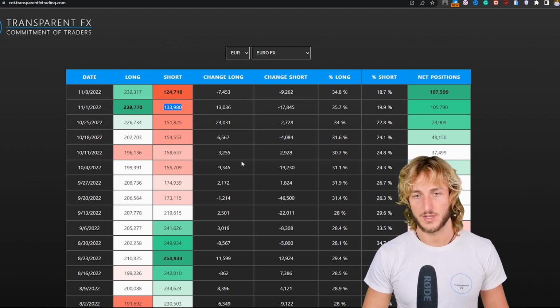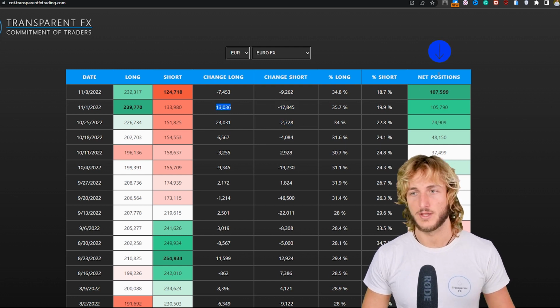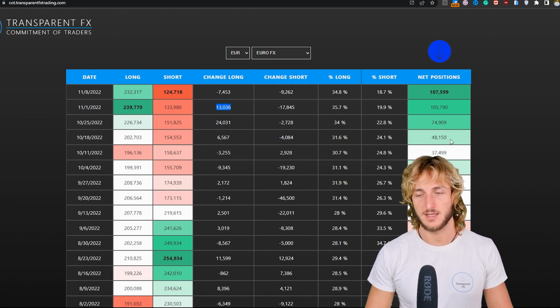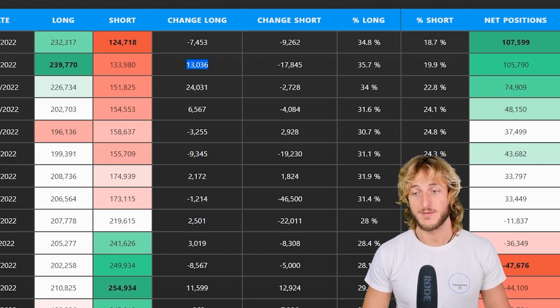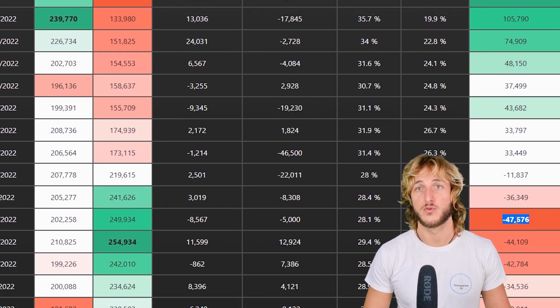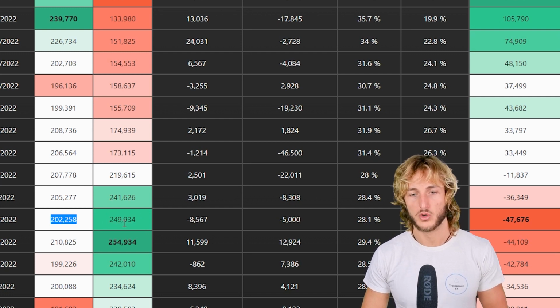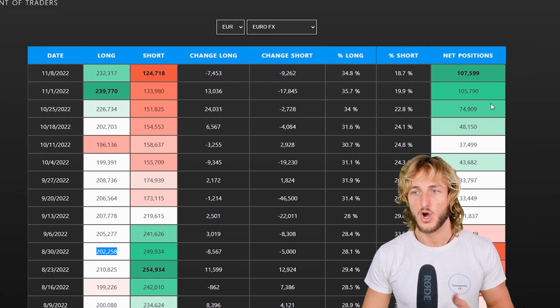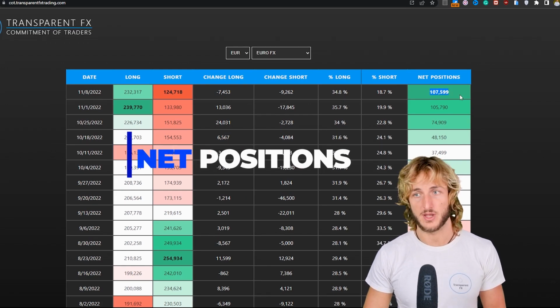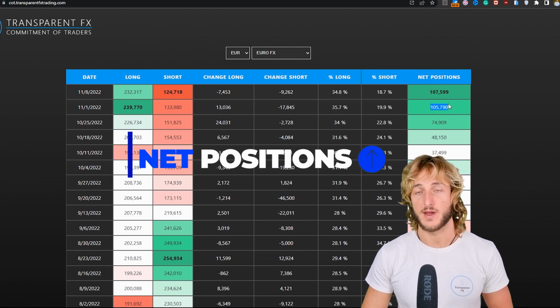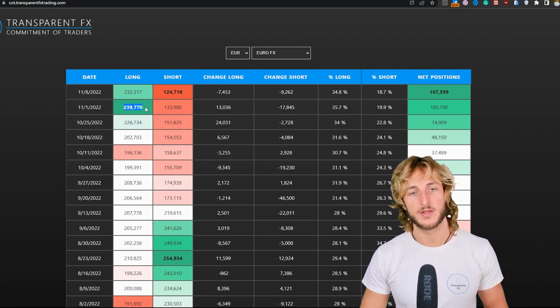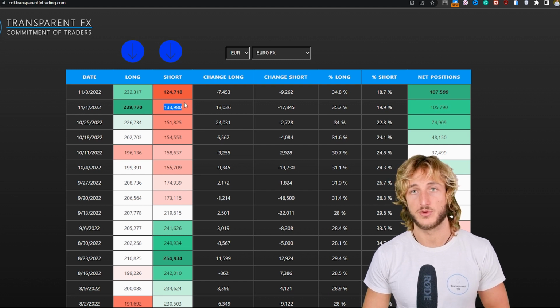However, an easier way of doing that, instead of looking at specifically every single report, how many longs and shorts are getting opened and closed in total, is to check the net positions. And what we could immediately identify is that we were going from a negative net positioning here of minus 47.6K net positions, with 249K shorts compared to only 202K longs, so more shorts than longs on the institutional side, all the way up to a positive net positioning of 105K net positions, with 239K longs compared to only 133K shorts.